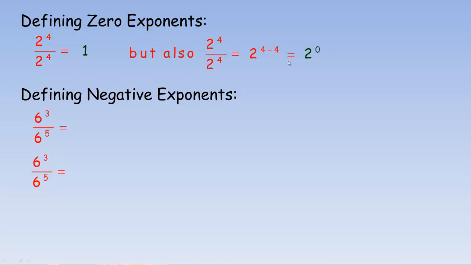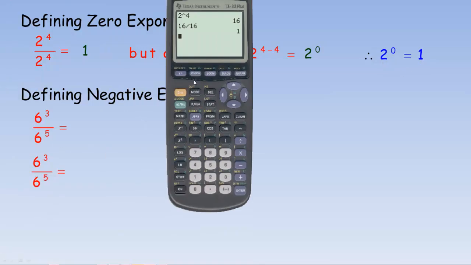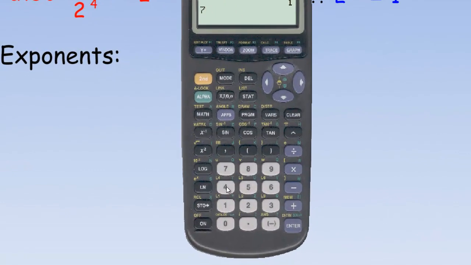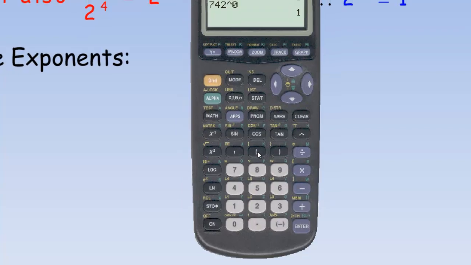I got 1 over here. I got 2 raised to the exponent 0 here. So 2 to the exponent 0 and 1 must be the same thing. Like we had 10 raised to the exponent 0 equaled 1 on the previous page, 2 raised to the exponent 0 is 1 as well. In fact, it doesn't matter what number I have in the base. I could put 3 raised to the exponent 0, that is 1. 742 raised to the exponent 0 gives me 1. It doesn't matter what number's in the base.